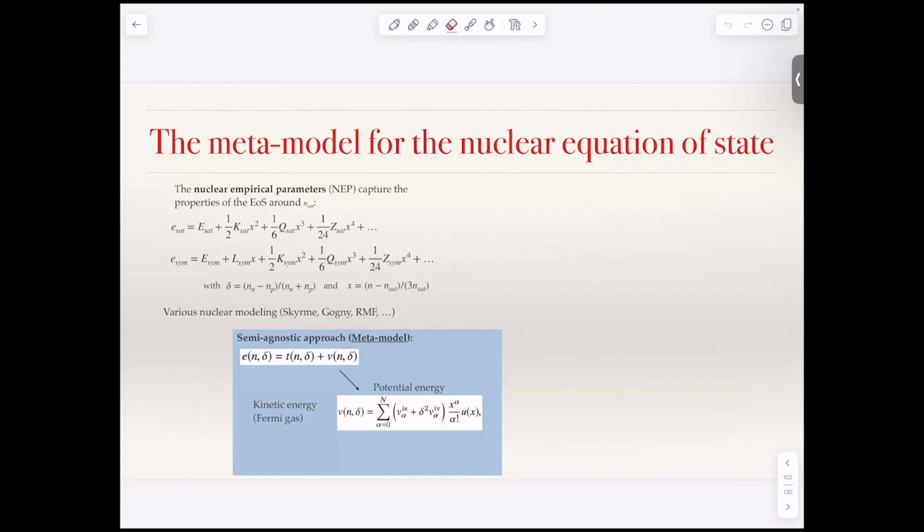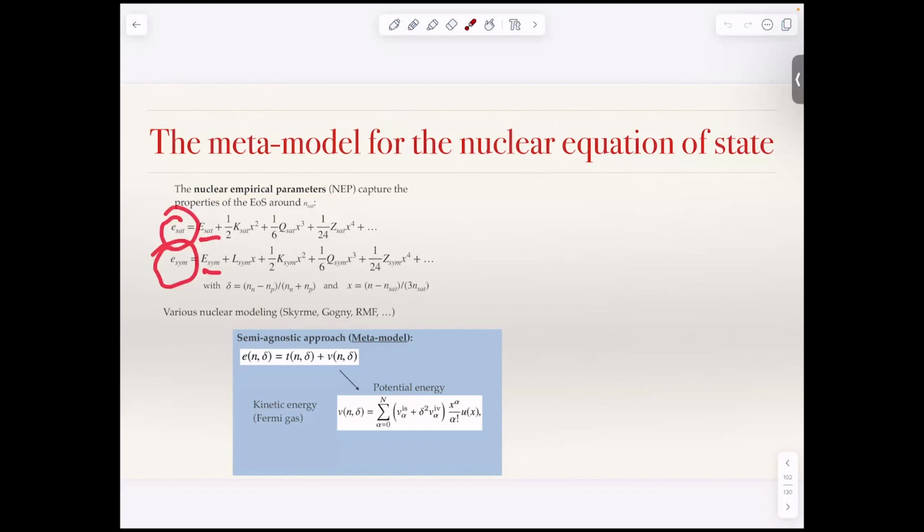And the meta model is an approach for the equation of state, which in a way is able to mimic your microscopic calculation in an analytical form. So for instance, as we have seen before, by employing the nuclear empirical parameters, we can expand the equation of state in density for the symmetric part and for the symmetry energy.